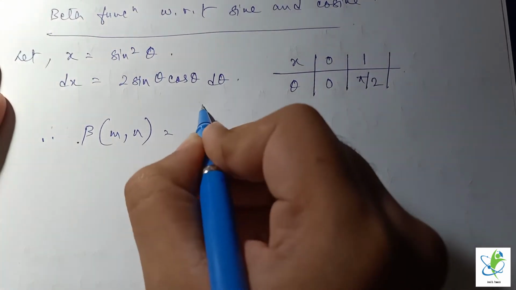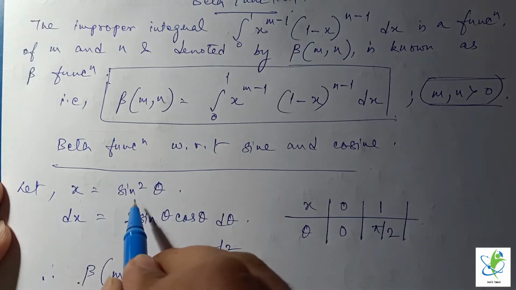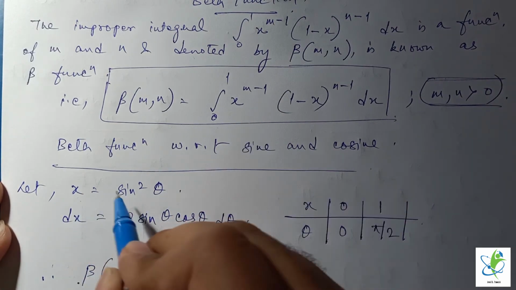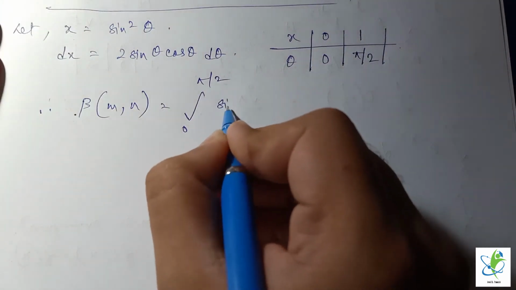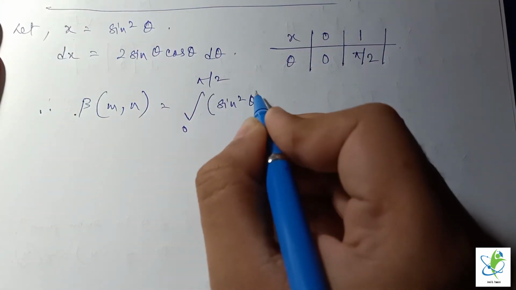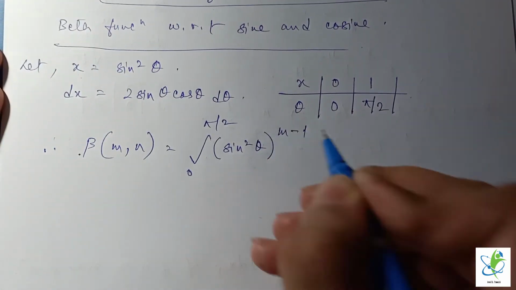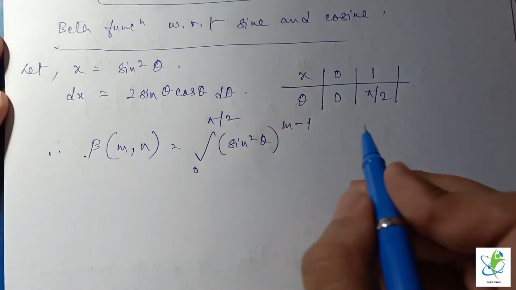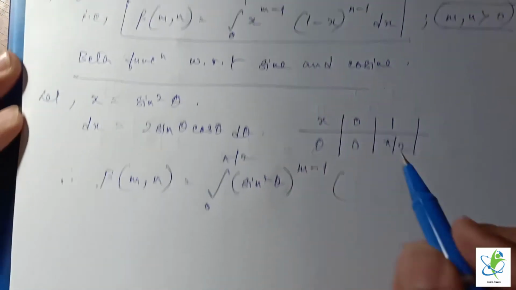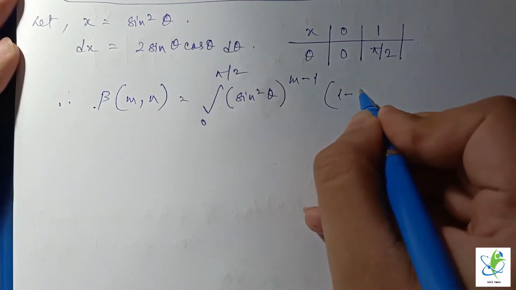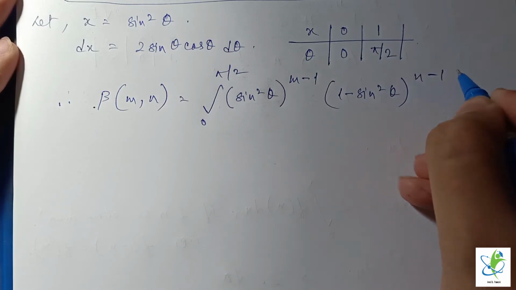So we write 0 to pi by 2, and since we let x equals to sine squared theta, we substitute x as sine squared theta. So sine squared theta whole to the power m minus 1, and now 1 minus x means 1 minus sine squared theta to the power n minus 1.